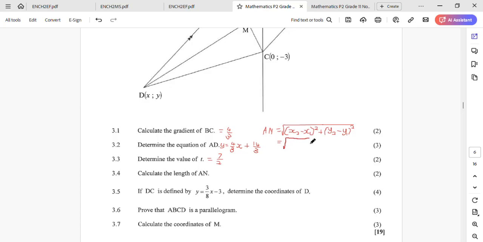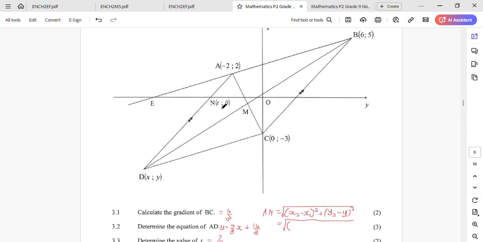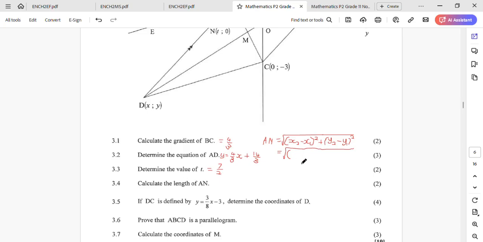It can be xA, whatever you want to use, but I'd prefer that you go with the notation they gave you. They gave you AN, so just say our x2 is for N. So xN, we have it 7/2.